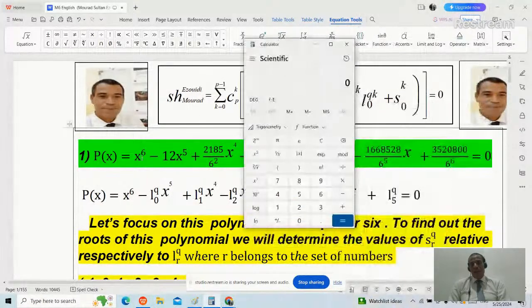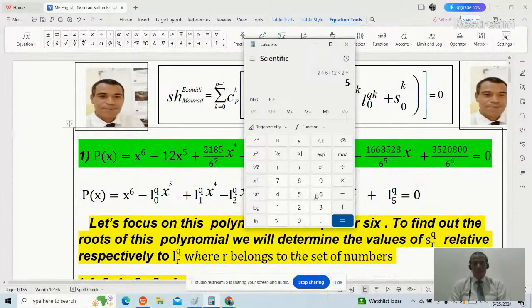I will write 2 to the power 6, raised to the power 6, minus 12 multiplied by 2 raised to the power 5.